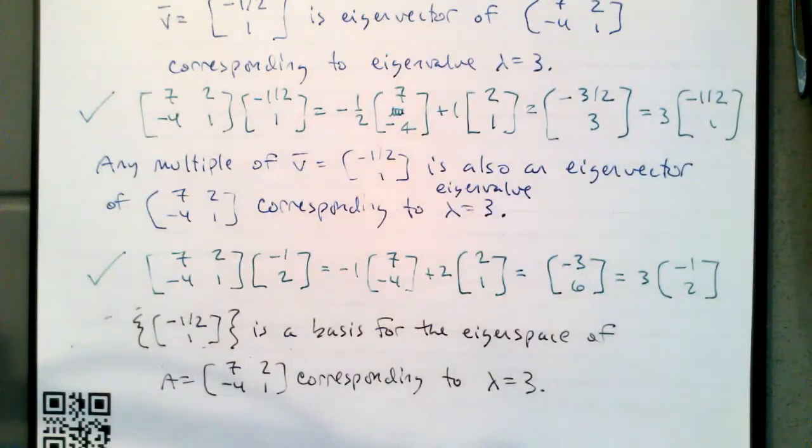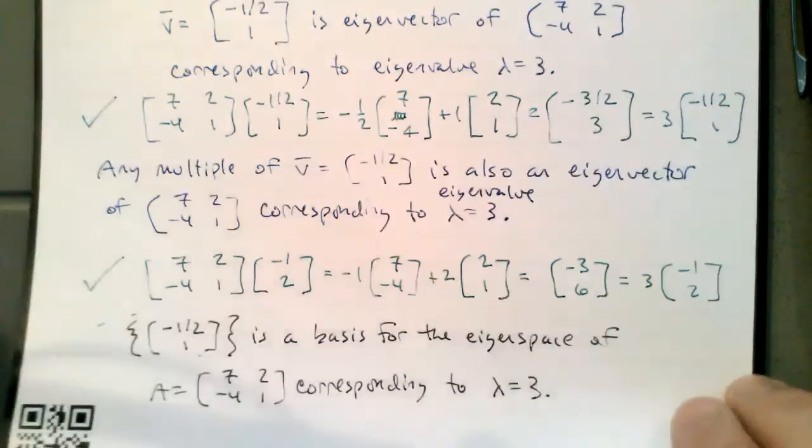Notice that you can't just say basis for the eigenspace. It's the basis for the eigenspace corresponding to lambda equals 3. You can leave off the lambda part, but basis for the eigenspace is not enough. Basis for the eigenspace corresponding to 3. So that's one of the eigenvalues. Now we just have to do the same thing for 5, the other eigenvalue.